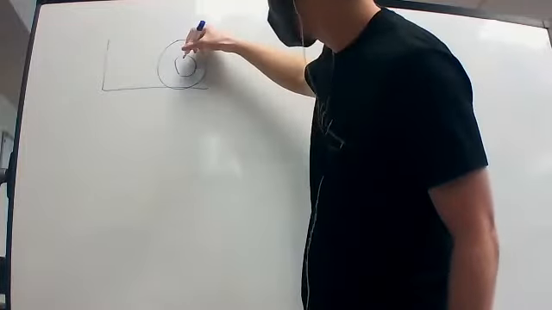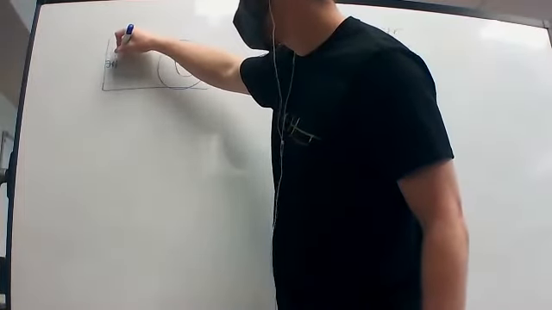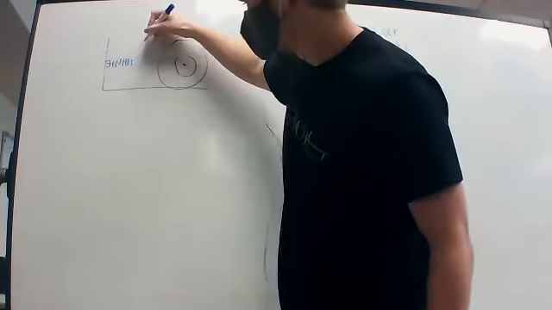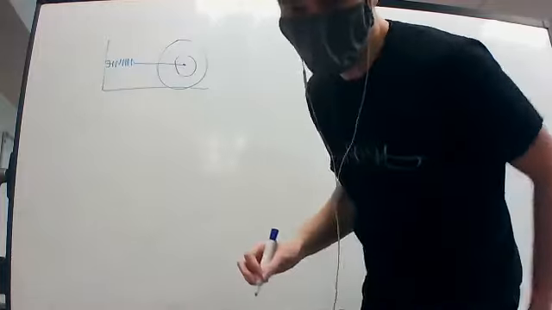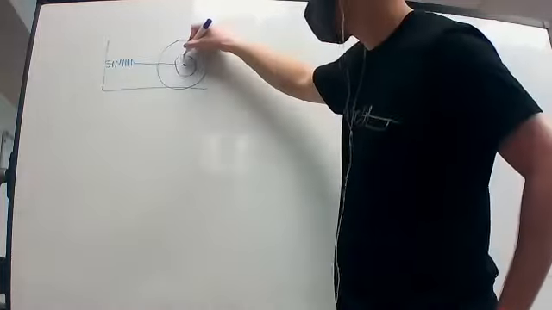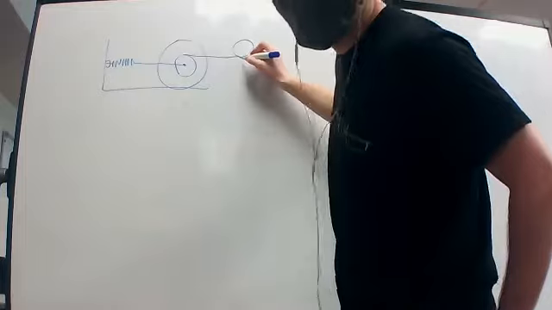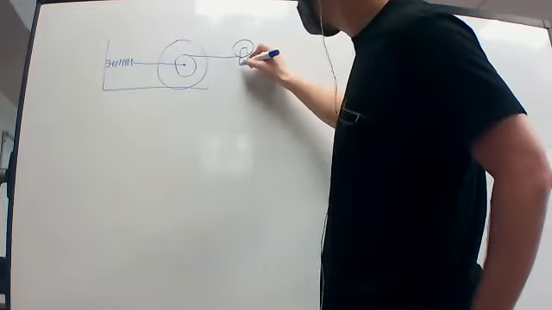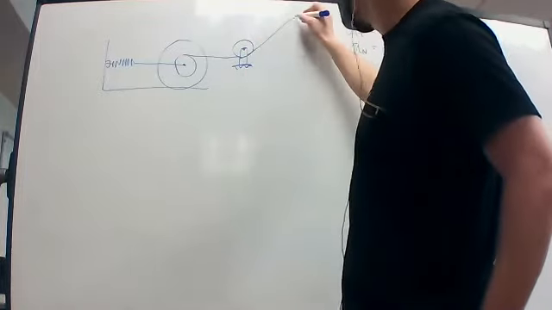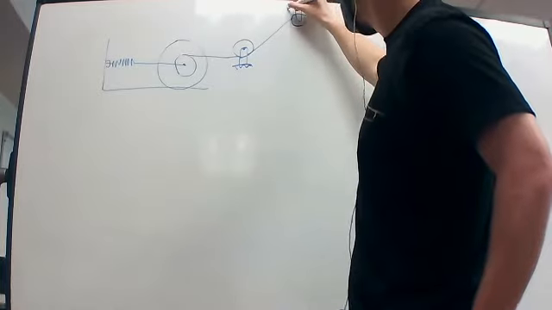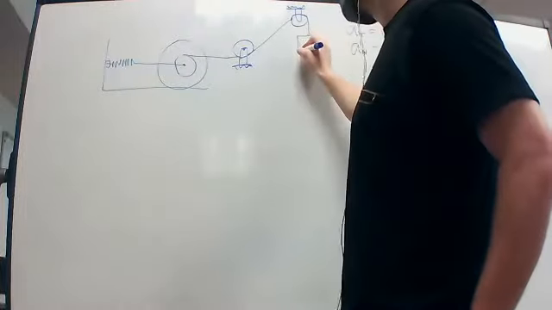The center of the circle is connected to the wall by a spring. And the inner radius is attached to a cable that goes on a pulley, that goes up to another pulley, that has a block hanging from it.